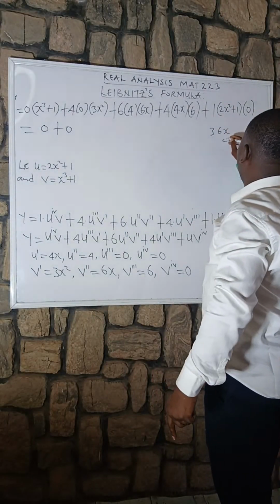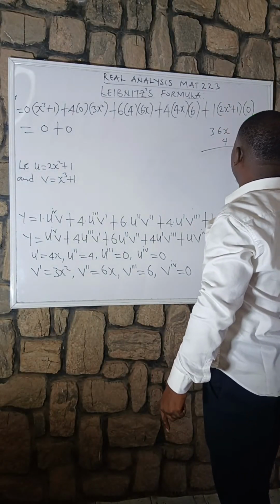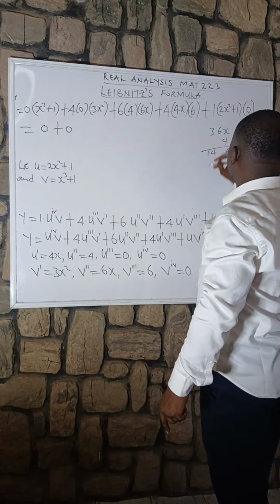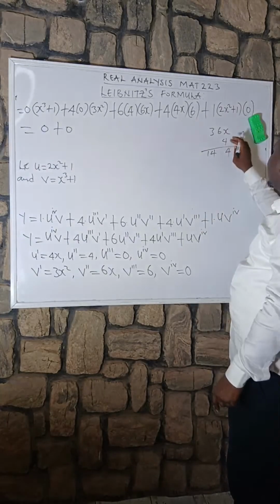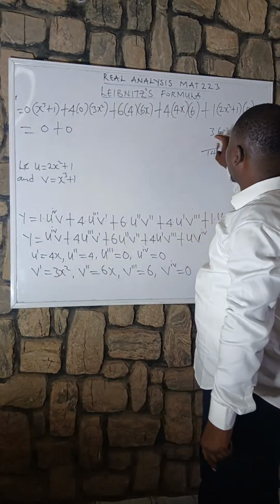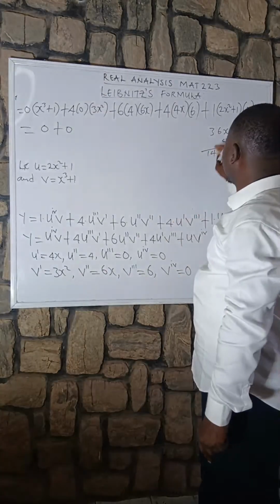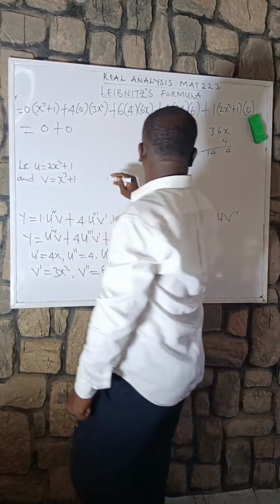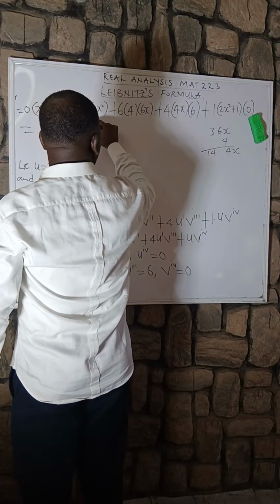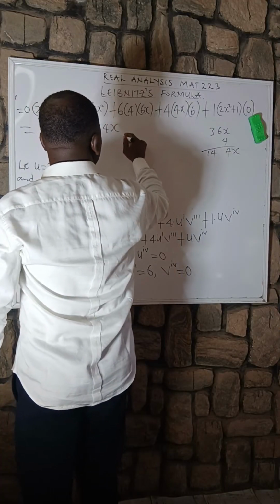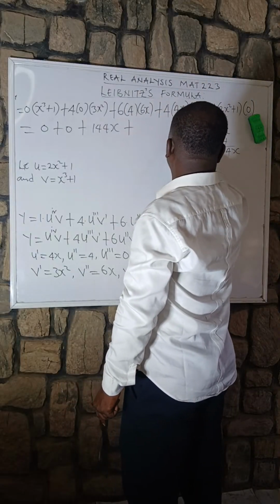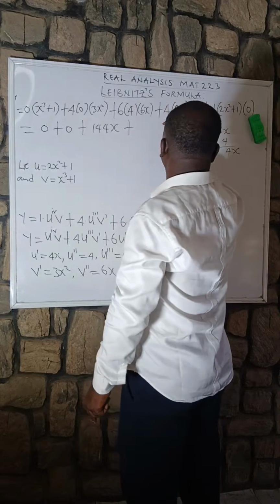36x times 4. Here we are going to have 24 carry 2, 4 times 3 is 12 plus 2, 14. So 144, right? So 144x. So we are going to have 144x, then plus, here we are going to have the same thing, right? No, not the same thing.